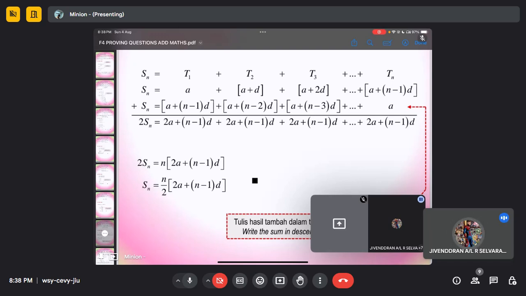You just have to sub into the sequence. Since Sn equals a plus a plus d plus a plus 2d and so on until a plus n minus 1 d, to get that formula you have to add another Sn. So Sn plus Sn will be 2Sn.